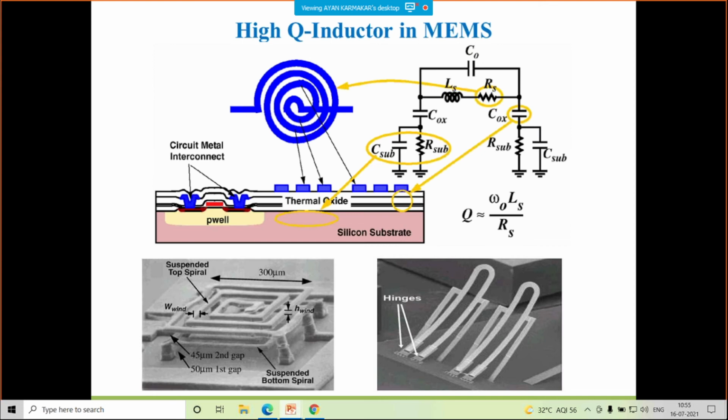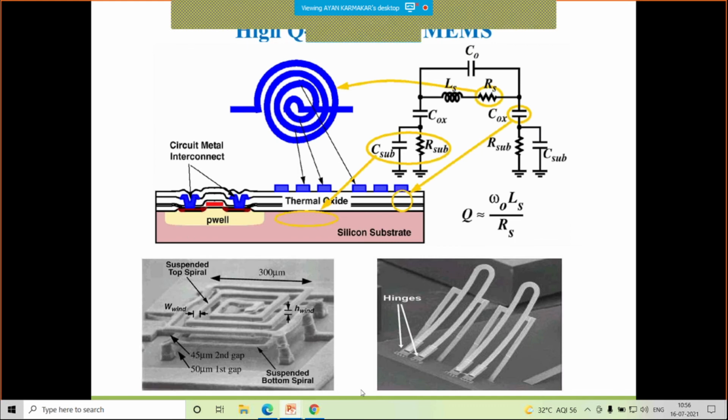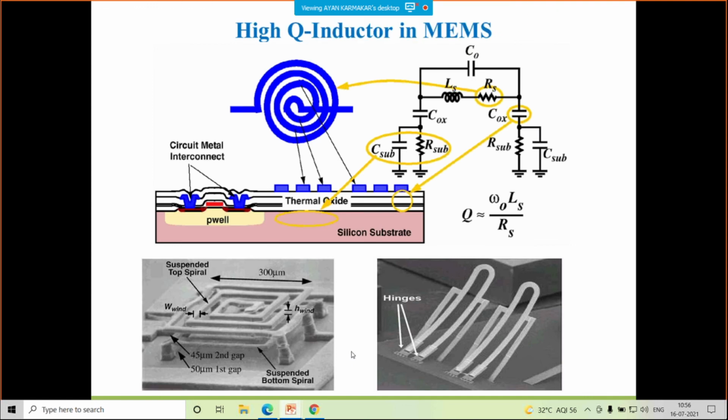What is possible with the help of this silicon RF technology and MEMS is that you can make this kind of hanging structure, and this hanging structure will reduce your substrate loss ultimately. So that's why you can get a high Q inductor out of these things.